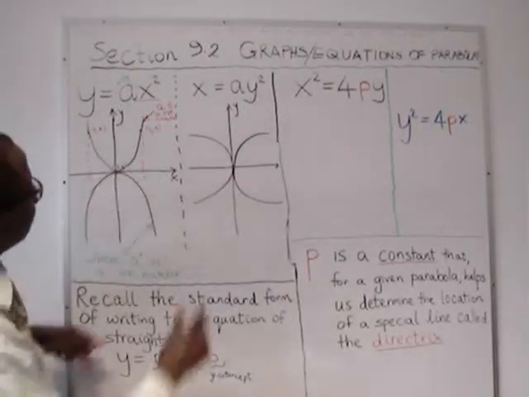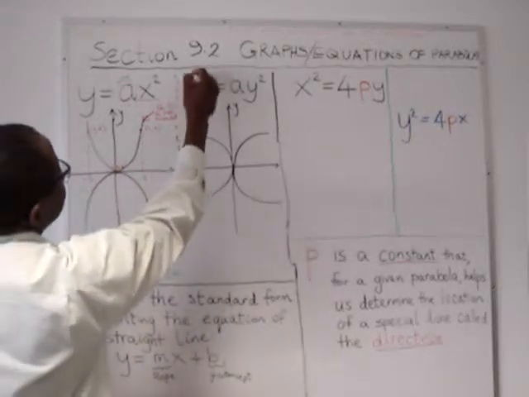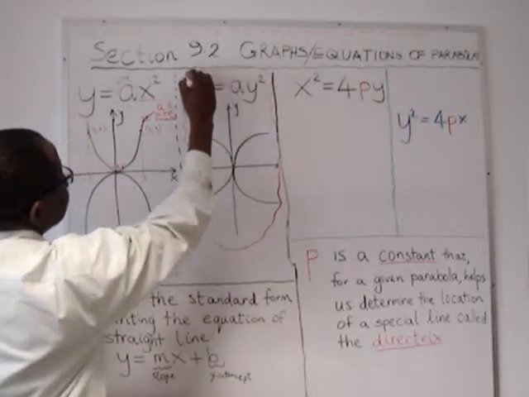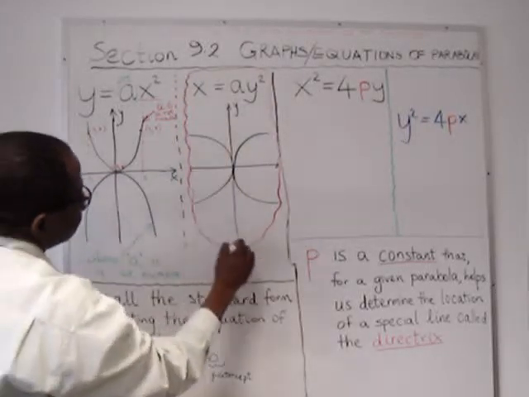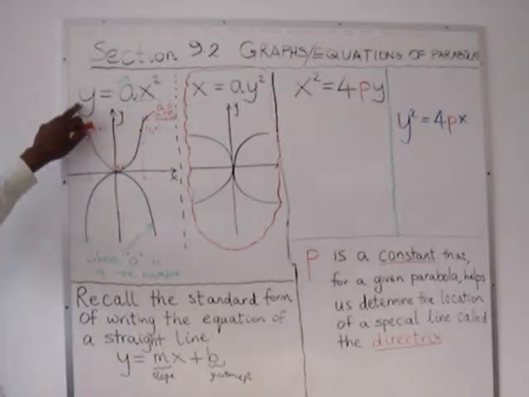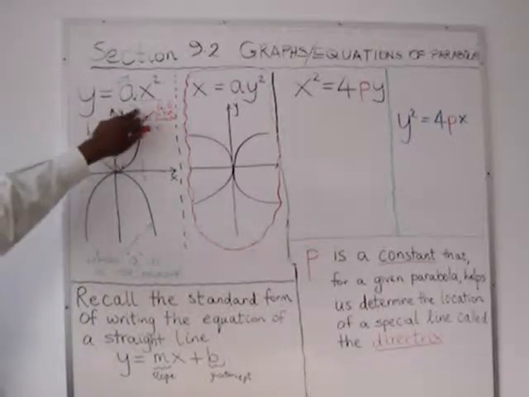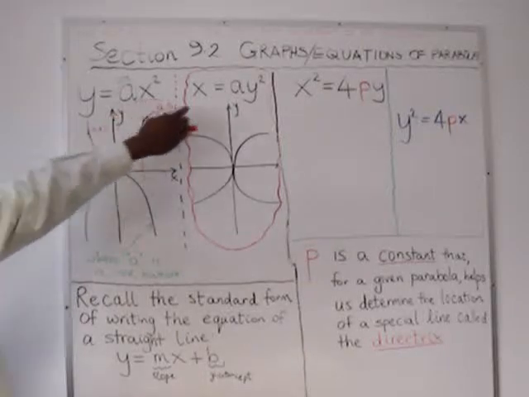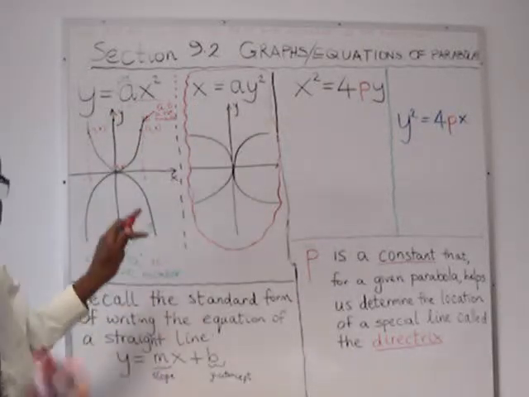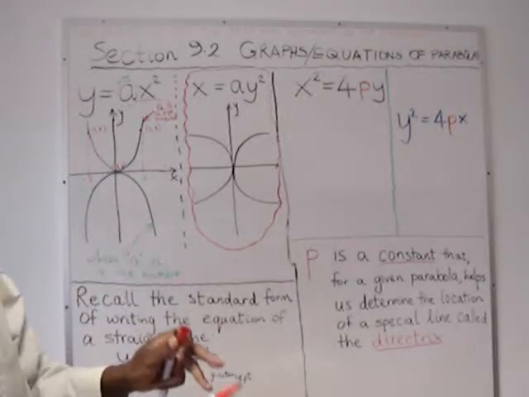Now, look at this case. Let's focus on this part now. Look at what's going on. I have changed something. Instead of y equals ax squared, I have changed it to x equals ay squared. I know that this is unusual in your algebra so far.